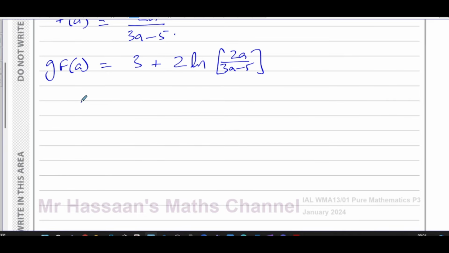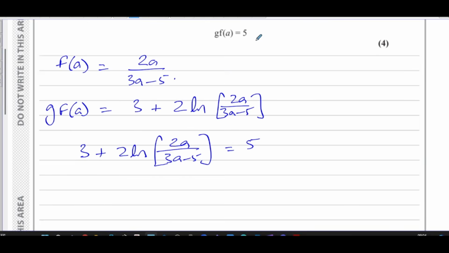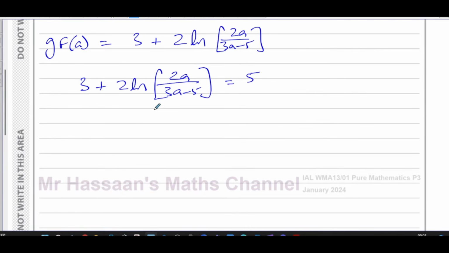Then we've got to equate this to 5 and solve this equation. So 3 plus 2 times the ln of 2a over 3a minus 5 is equal to 5. Now we can subtract 3 from both sides. So 2 times the ln of 2a over 3a minus 5 is equal to 5 minus 3, which is 2.